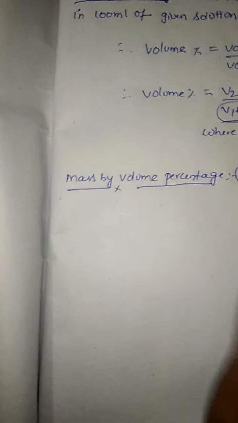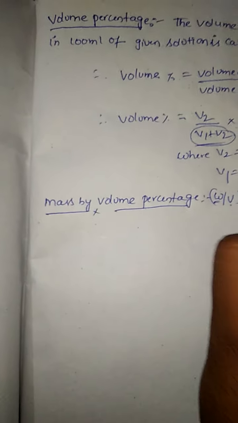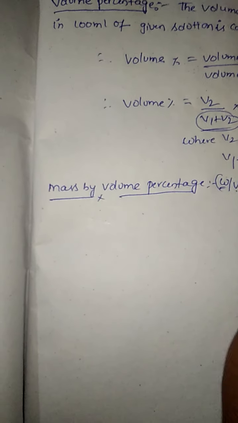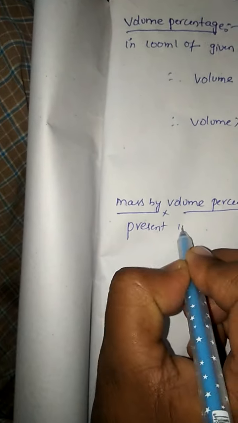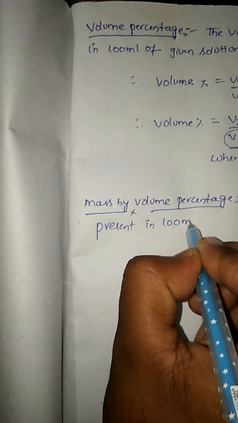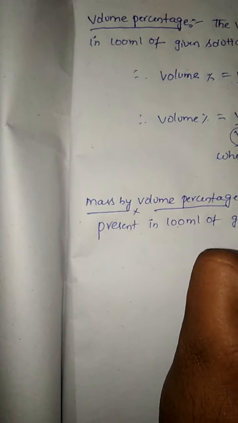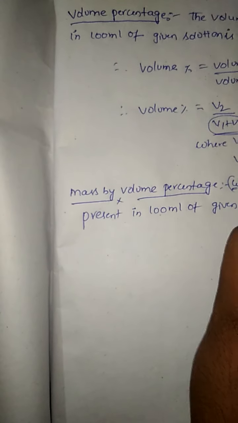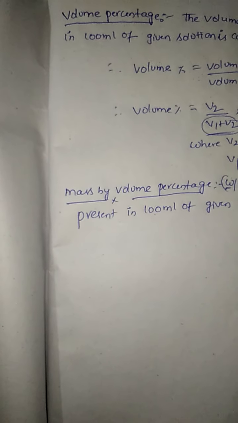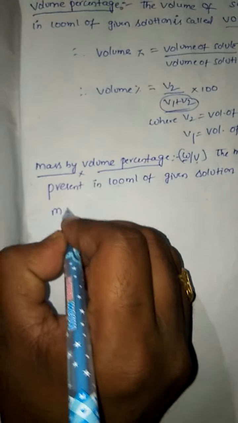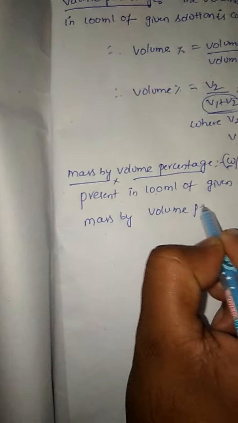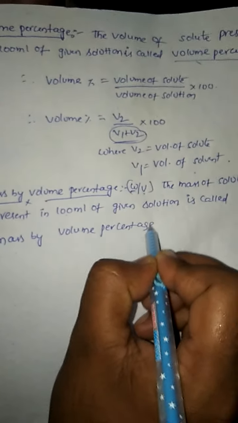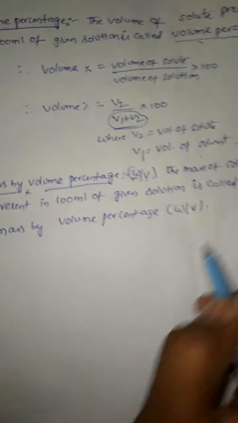Here the mass of solute present in 100 ml of given solution is called mass by volume percentage.